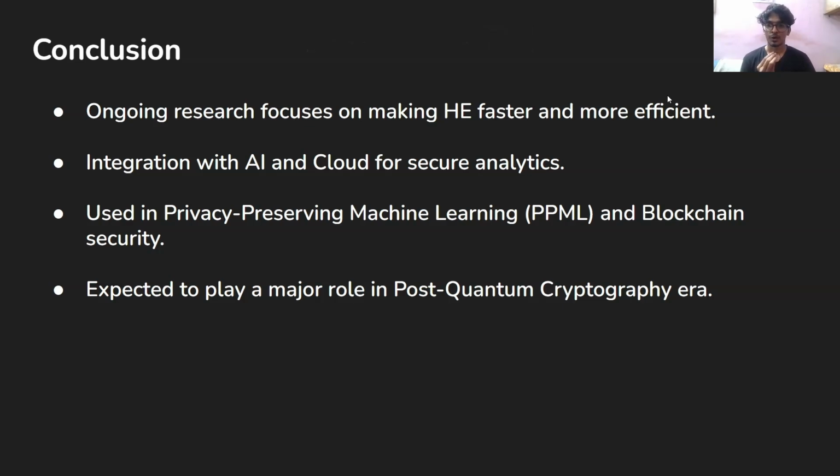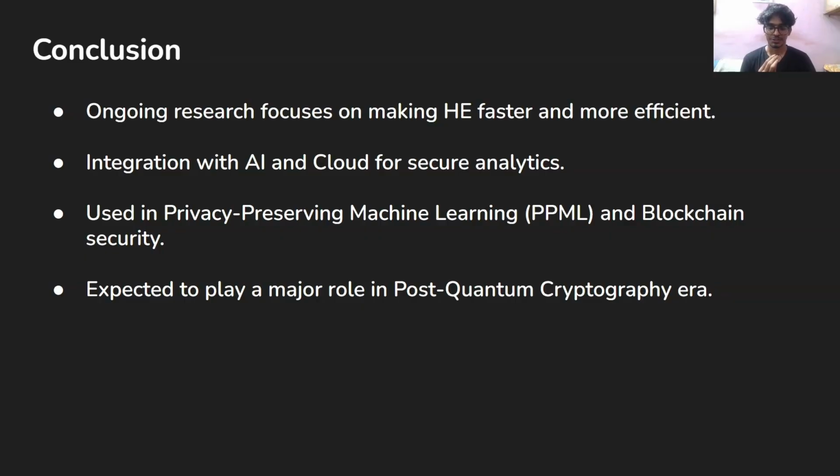Conclusion. Ongoing research focuses on making homomorphic encryption faster and more efficient, meaning researchers and scientists are still finding better ways to implement homomorphic encryption models to execute much faster and more efficiently.